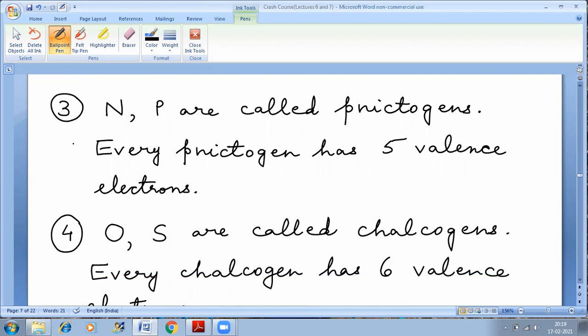Nitrogen and phosphorus are called pnictogens. Every pnictogen has five valence electrons. That means we are talking about group 15.